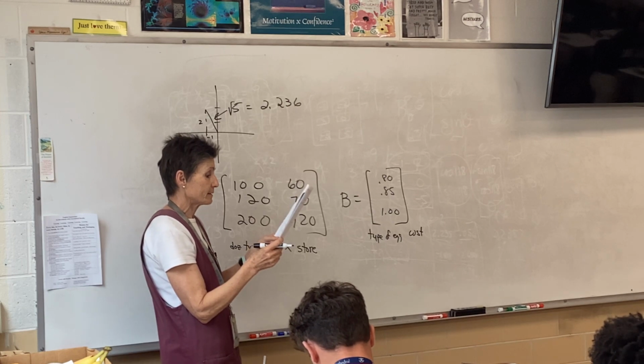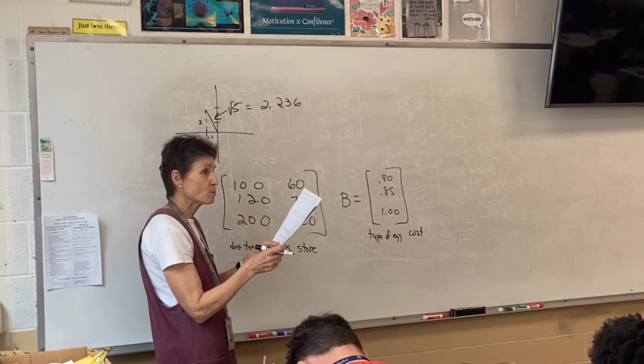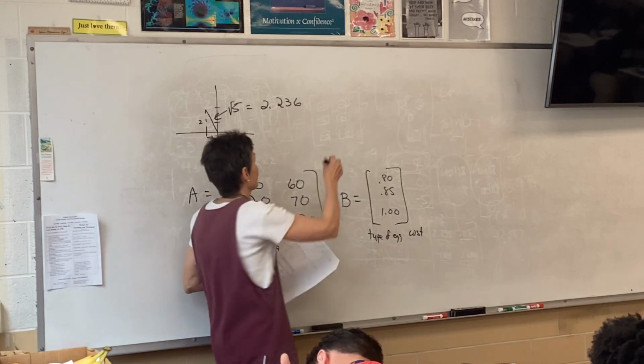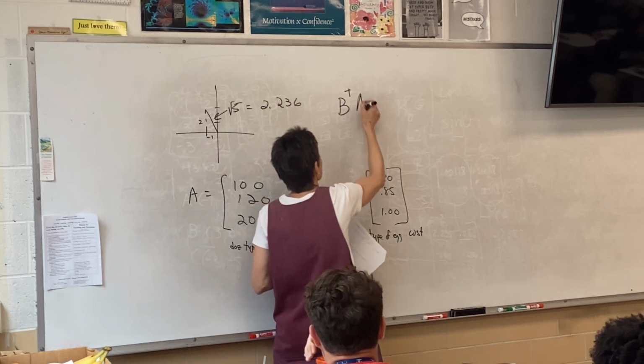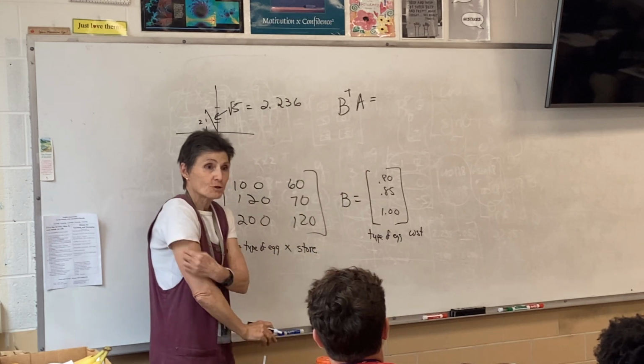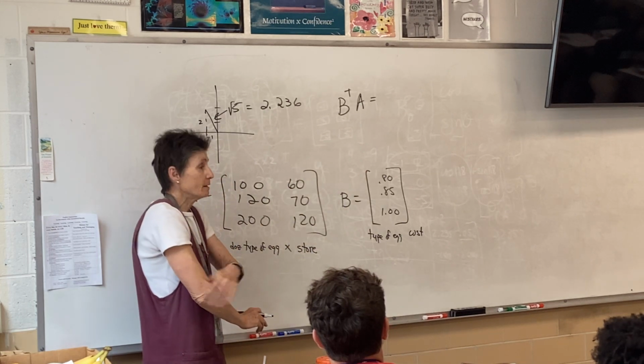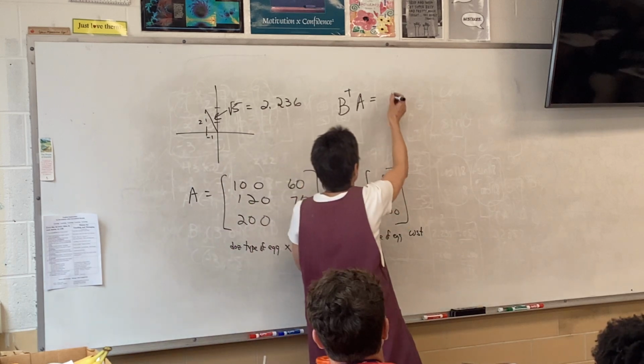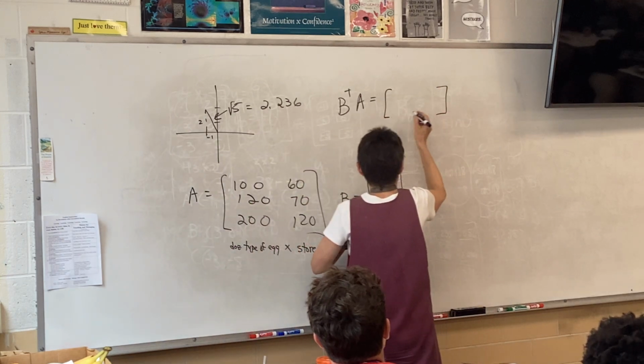Find the product B transpose A. Okay, what does transpose mean? Reverse the rows and columns. So B transpose would look like this.